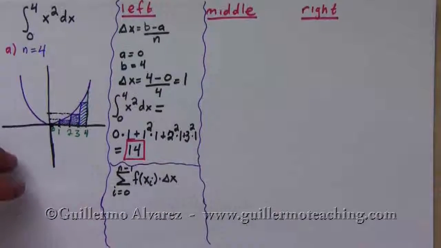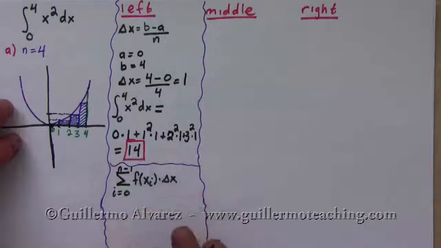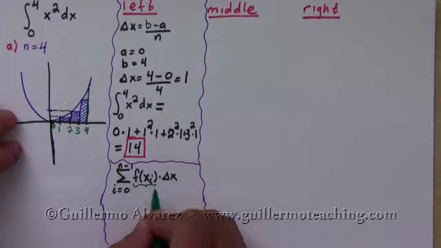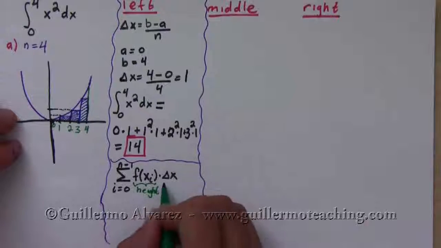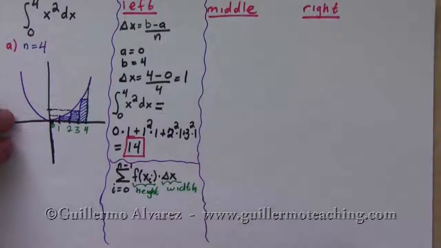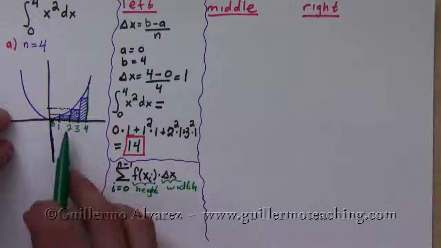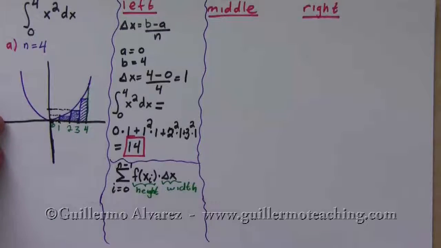And remember what these represent is that this means you're going to add up. Remember, f of x sub i represents the height, and delta x represents the width of each one of those rectangles, and so the sum is just going to add up each one of those.